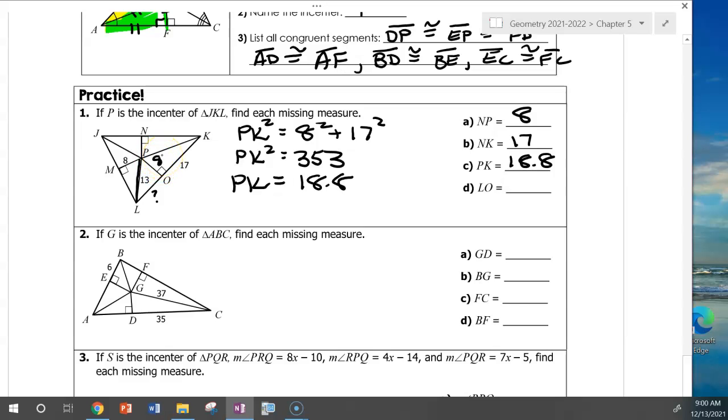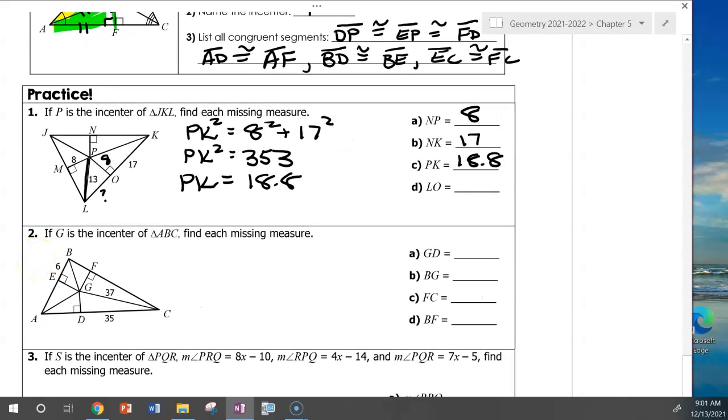So I can do the Pythagorean theorem again. I can say that 13 squared equals 8 squared plus that LO squared that I'm looking for. So 13 squared minus 8 squared, I get 105 equals LO squared. And then take the square root, and you get 10.2.